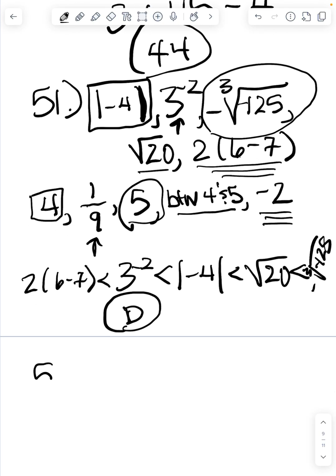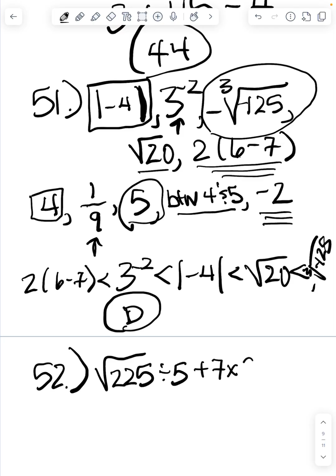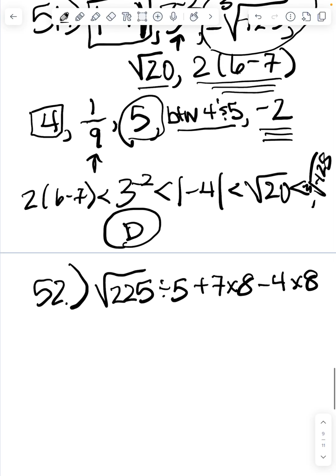And then number 52, final one, evaluate the square root of 225 divided by 5 plus 7 times 8 minus 4 times 8. All right, first thing we always do are any square roots or exponents.